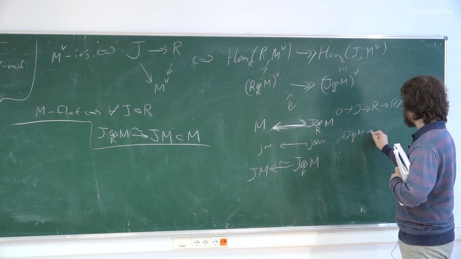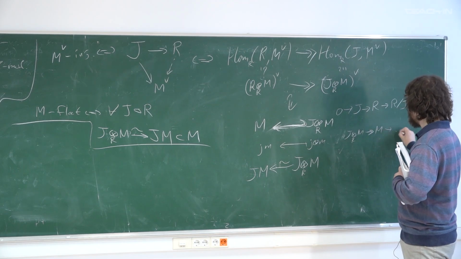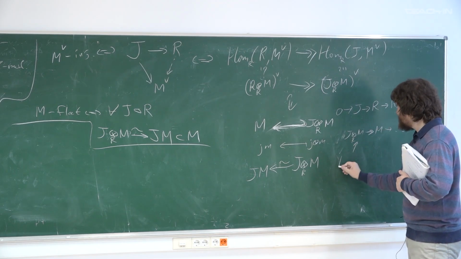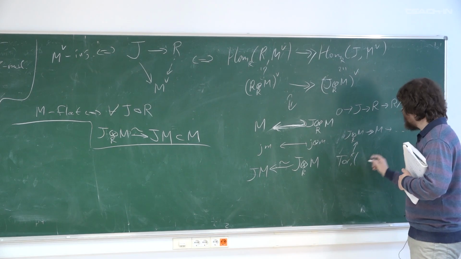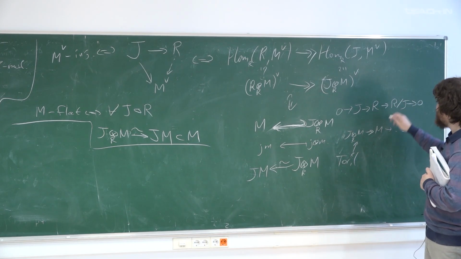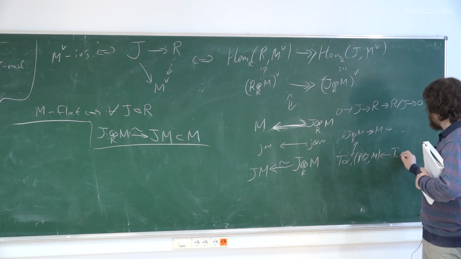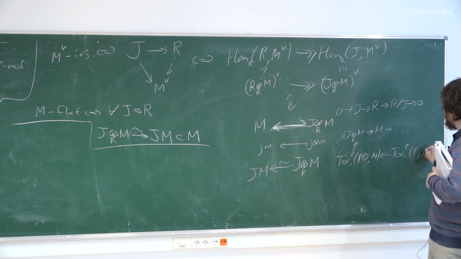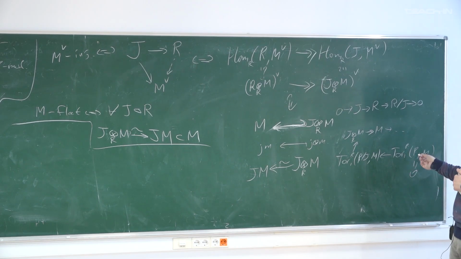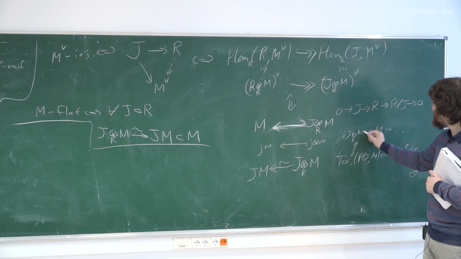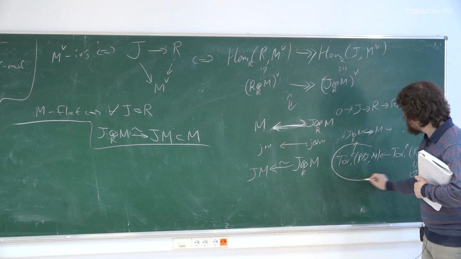It's maybe not injective in general. And what is the kernel? It's Tor1 of R over J with M, and this is Tor1 of R with M. But this is always 0 because R is free, it's flat. So in fact, injectivity of this map is also equivalent to saying that this Tor is 0.